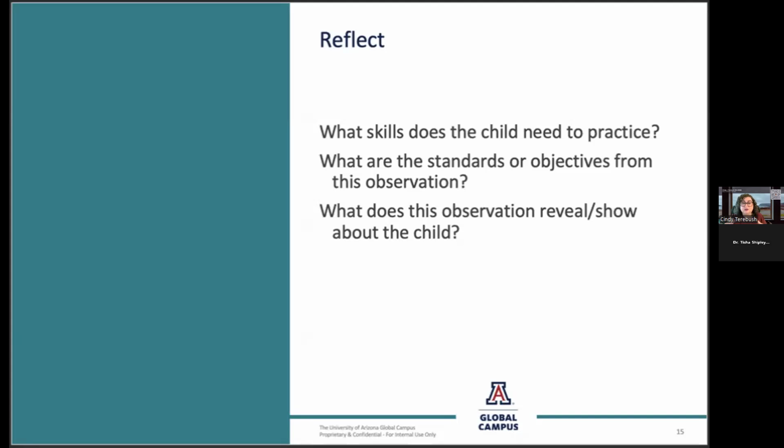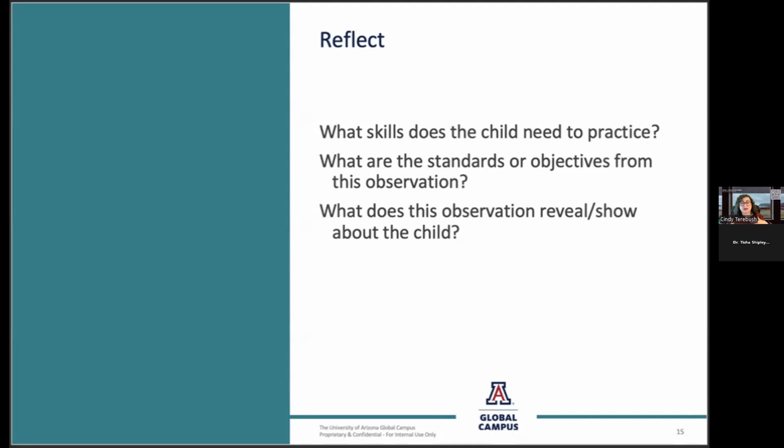So if I'm going to answer the questions that are on the screen based on that scenario, what skills does the child need to practice? Fine motor. What are the standards or objectives from this observation? You would go and look and see what skill level we expect the children at the age of the children we're working with to be at.